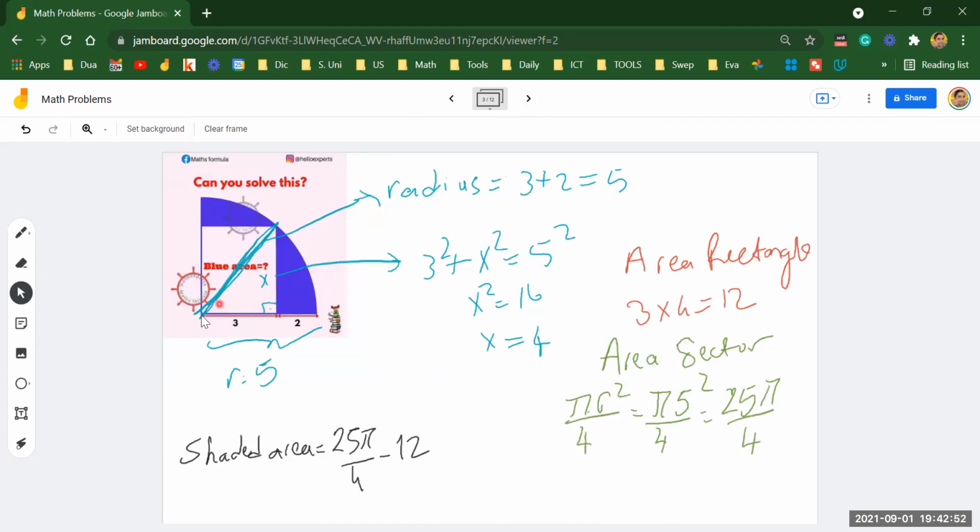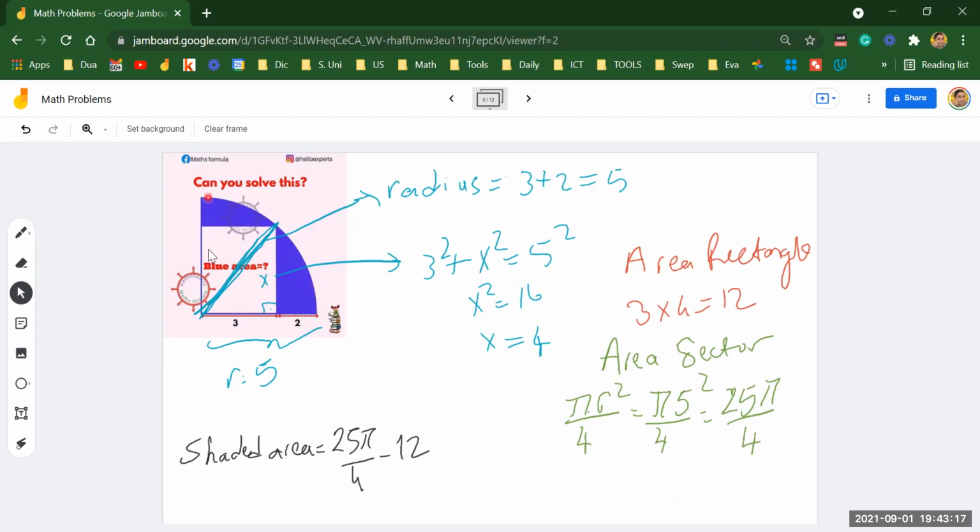And in this question, if we draw a straight line, a diagonal of the rectangle, we see that this is a radius, and the radius is 3 plus 2, which is 5. Also, we have a right angle triangle here. So 3 squared plus x squared equals 5 squared. So x comes 4. So the area of this rectangle is 3 times 4, which is 12.